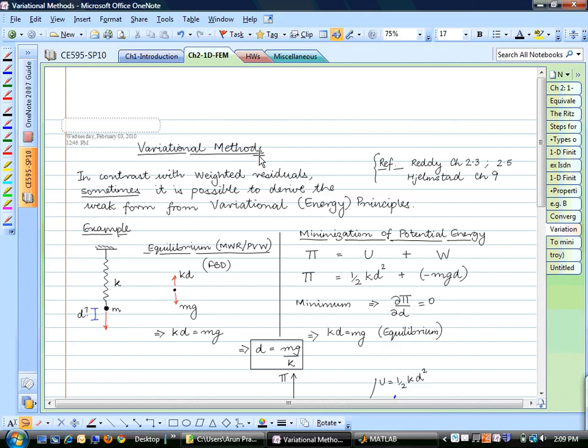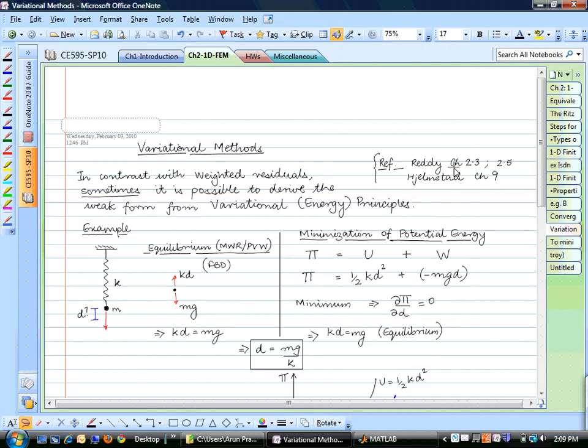So we said that we'll take our differential equation, multiply it with u bar, integrate it by parts, and so on, and we'll get our matrix equation k d is equal to f. So all that was method of weighted residuals. But all that can also sometimes be derived from what are called variational methods or energy principles. So again, whenever you hear the word variational, you should think of energy principles.